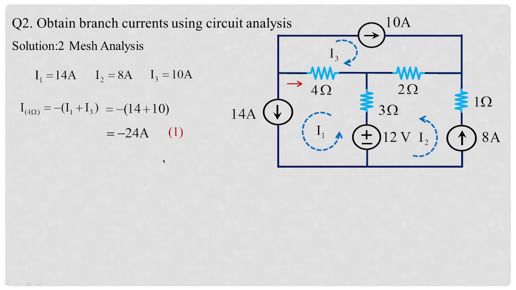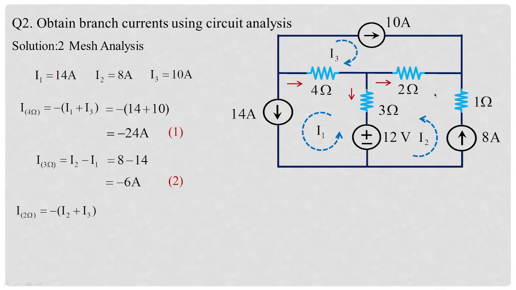Is this clear? Now I3, it is going in the downward direction. You can see I1 is acting opposite to the brown arrow, whereas I2 is acting in the same direction as the brown arrow. So the branch current becomes I2 minus I1, which is 8 minus 14. Again it gives us the same current, minus 6 amperes.